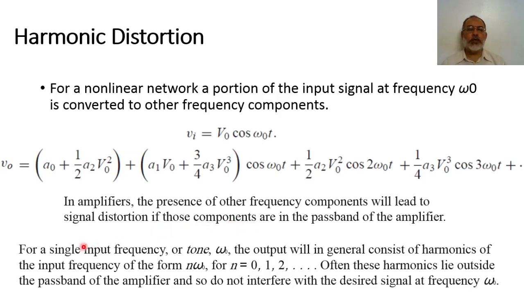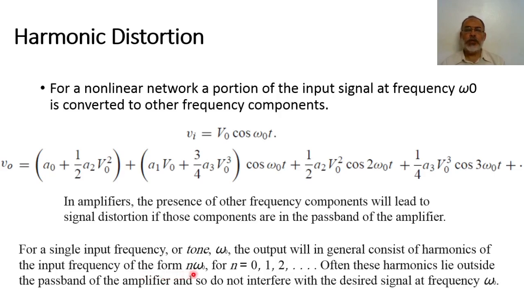So, for the case of a single input frequency, or single tone, with signal frequency omega naught, the output will in general consist of harmonics of the input frequency, n omega naught, where n is 0, 1, 2, 3, and so on.